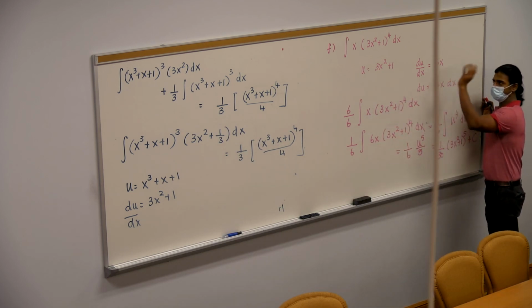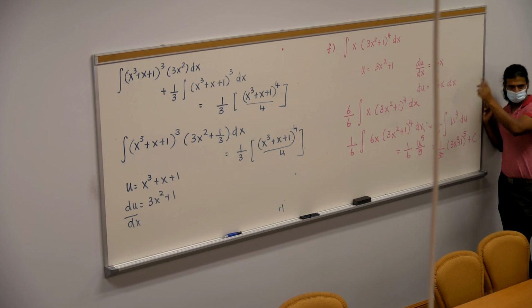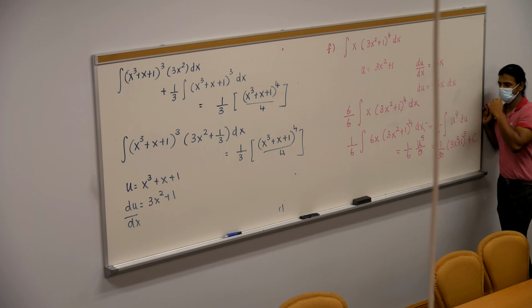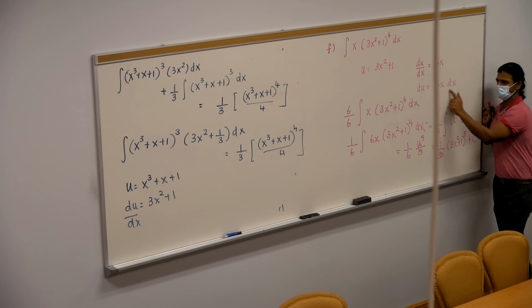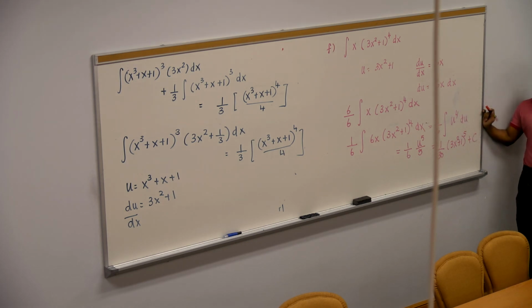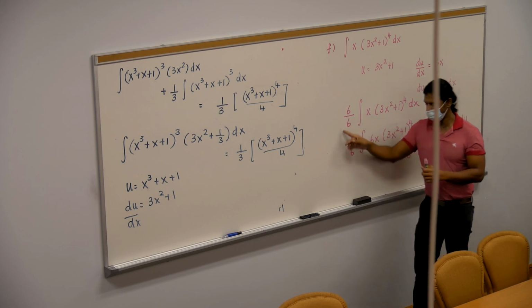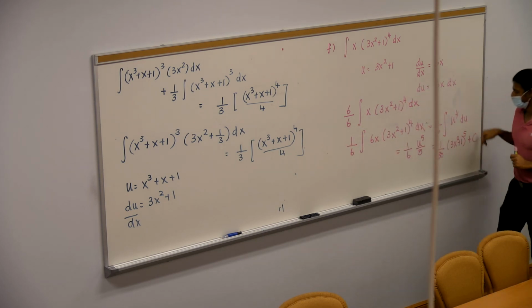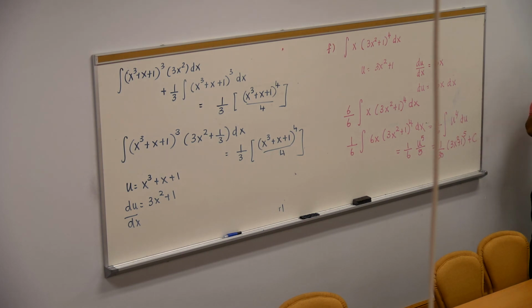Here, you didn't see the exact 6x in the integral, just like the previous problem. We didn't see the du part directly, but it was just multiplied by a simple constant. So if I introduce that 6, I use the trick 6 over 6, just like I did 3 over 3 in the previous problem, and then I was able to complete U-substitution and integration.